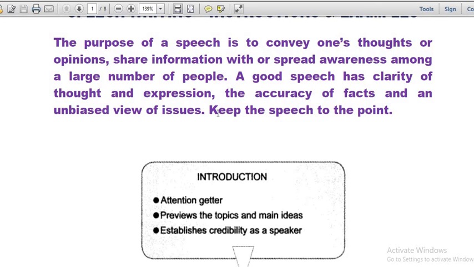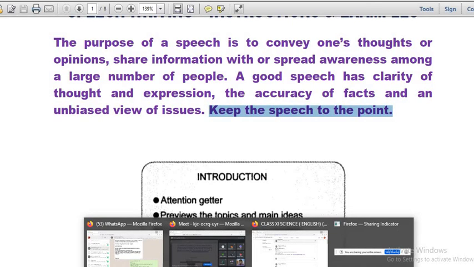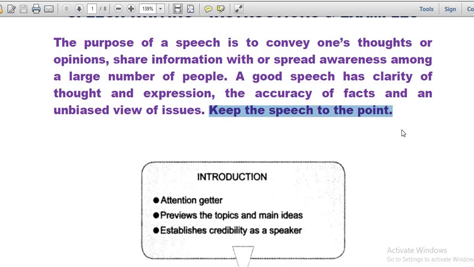This is a very important line, dear students. I am highlighting it. I guess the highlighted portion is visible in front of you. Always write to the point, or in other words, keep the speech to the point.